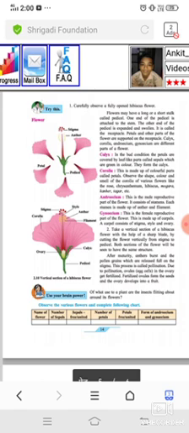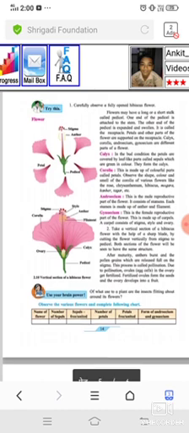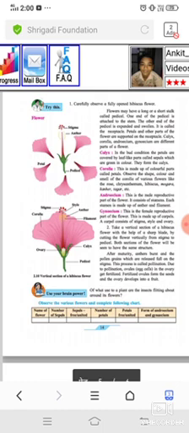Take a vertical section of a hibiscus flower with the help of a blade by cutting the flower vertically from stigma to pedicel. The section of the flower will be seen to have the same structure.